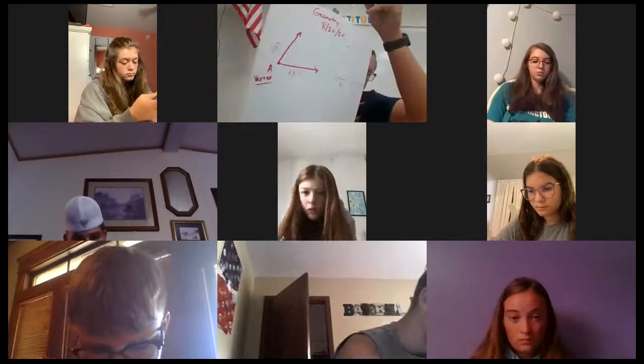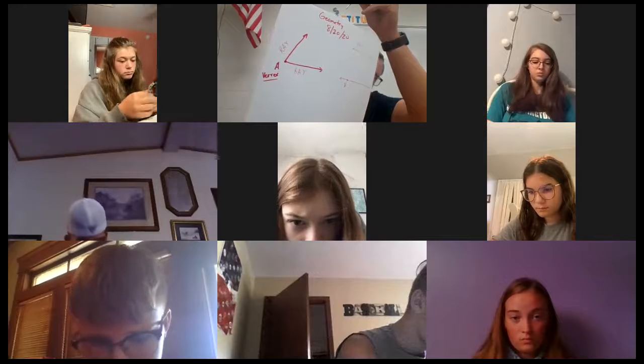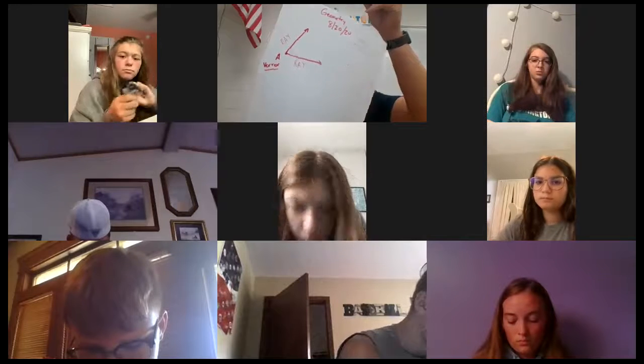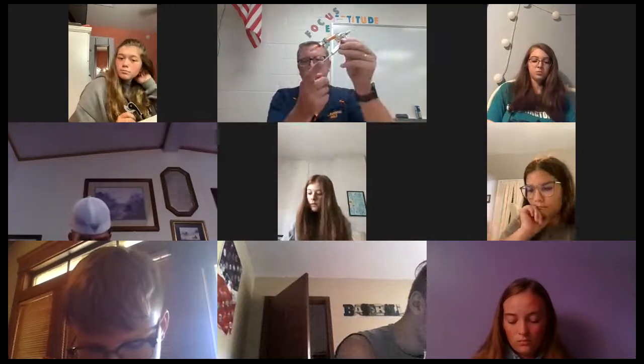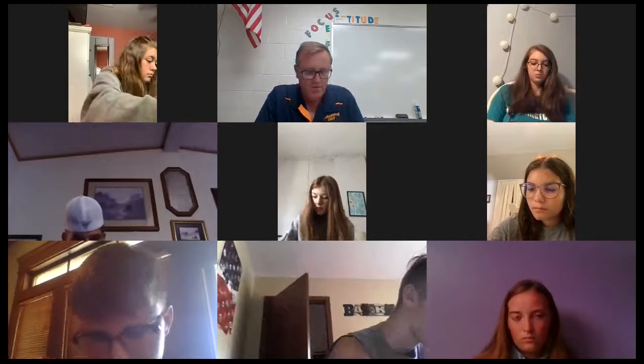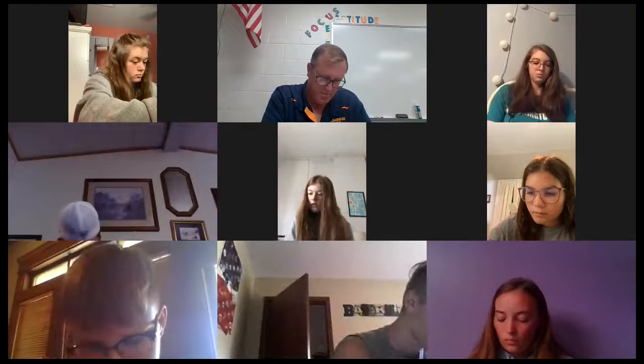You got vertex A down there, right? So I'm going to put this point on vertex A, and then I'm going to make an arc that intersects both rays.